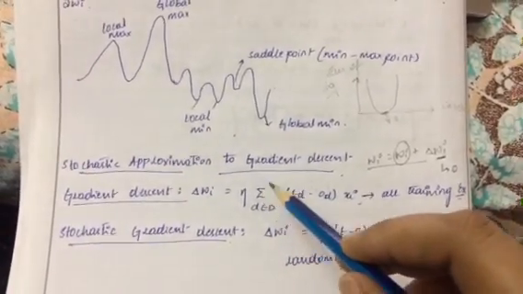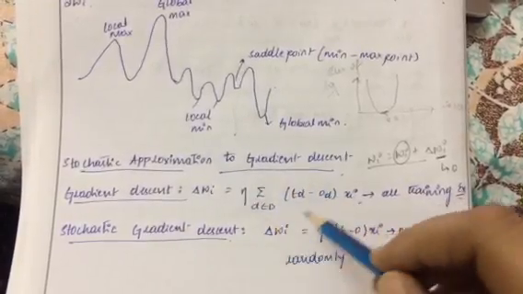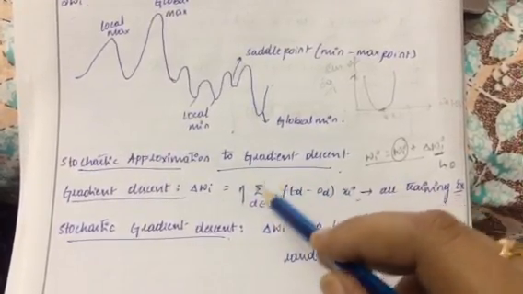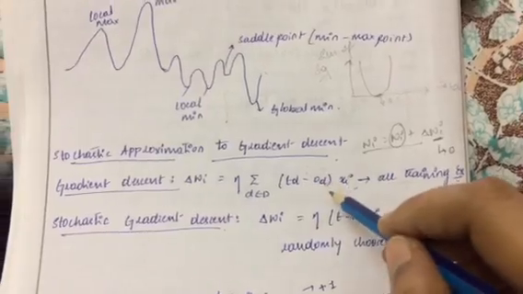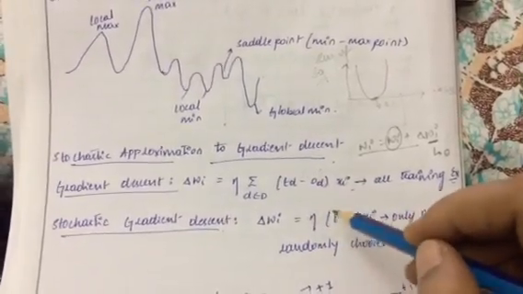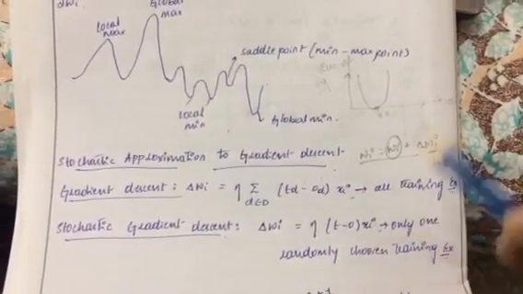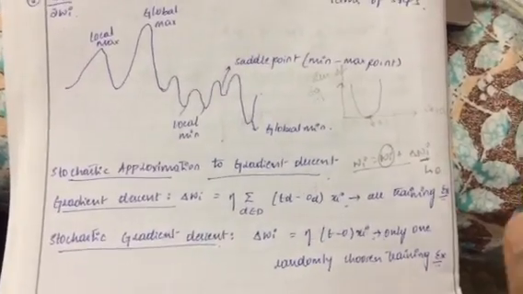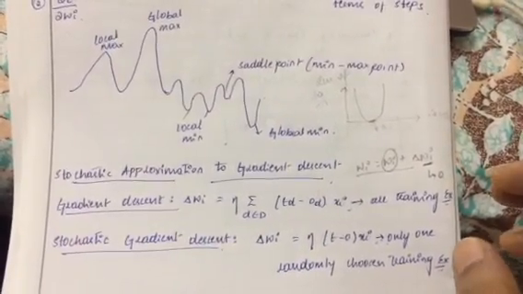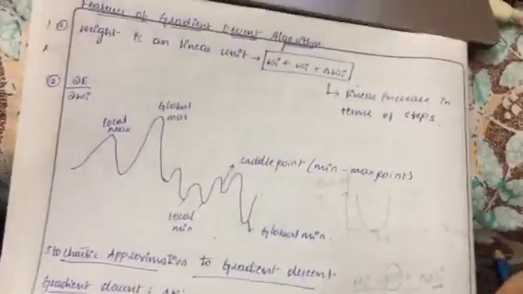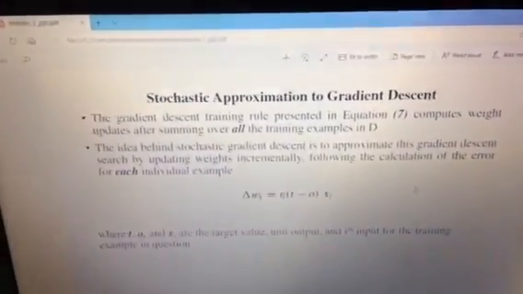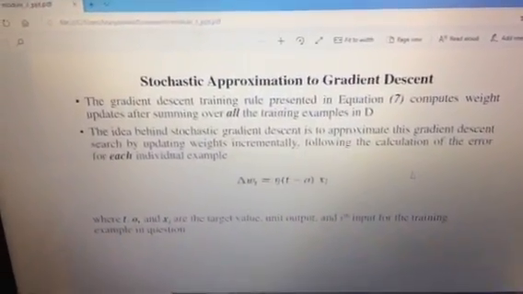Observe that in gradient descent we considered the sum of the squared errors, the summation of all the errors. Here there is no summation; only one particular training example is chosen. So this is a stochastic approximation to gradient descent.